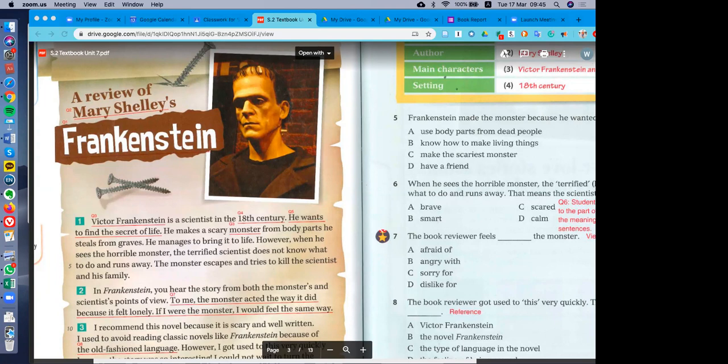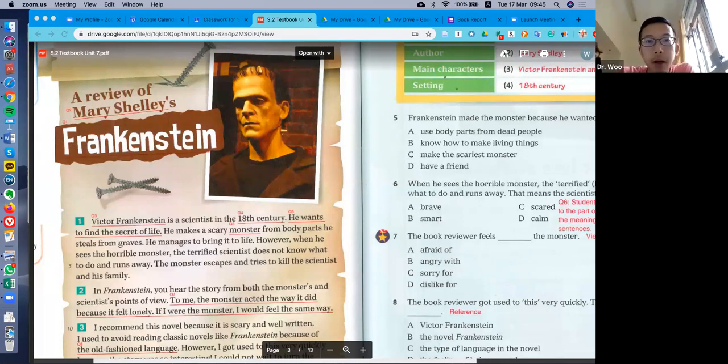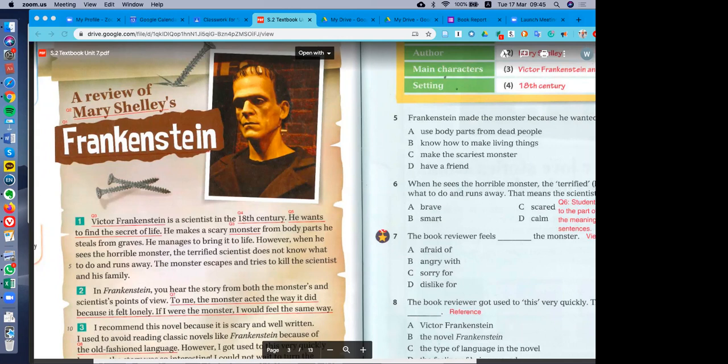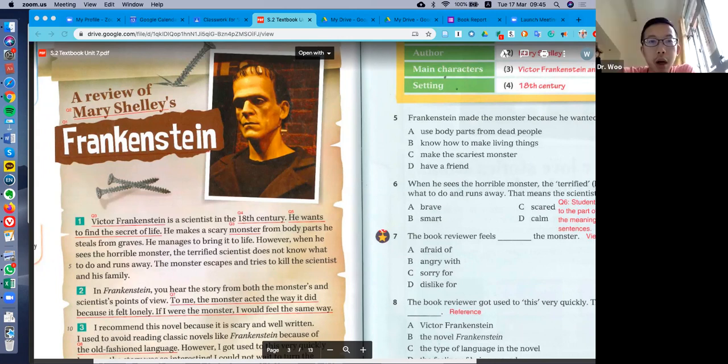If Frankenstein's the scientist, and Dr. Wu asked you what the picture is, somebody said Frankenstein. I'm confused. Seems to be more than one Frankenstein, Dr. Wu. Could be. I also think our students may not have a schemata or a mental image of scientist and also 18th century.